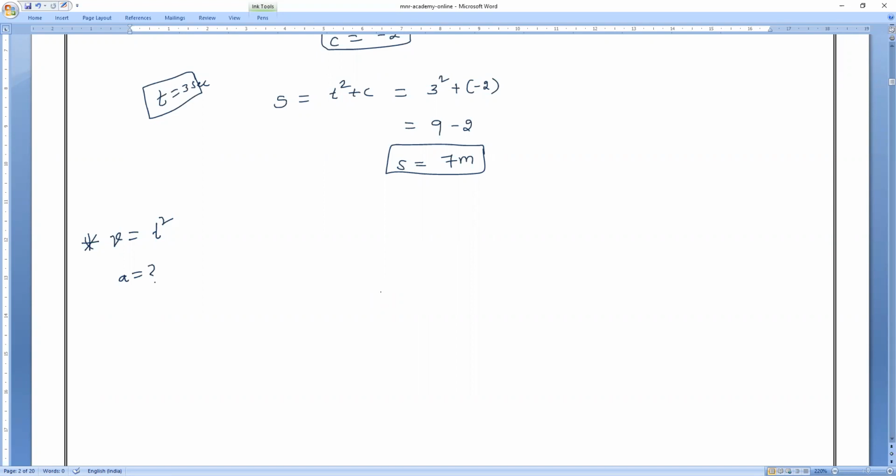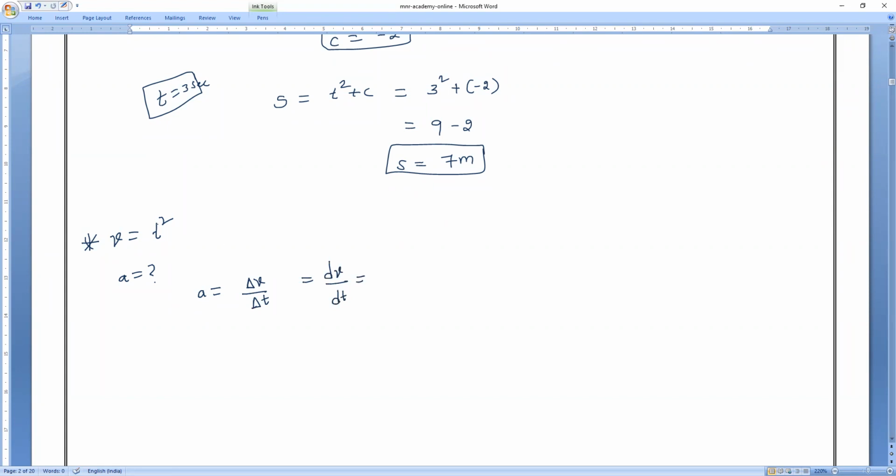If I want to find acceleration from velocity, I need to do differentiation or integration? Differentiation. Do you remember delta V by delta T is acceleration? Or for a smaller difference, we can say dV by dt.